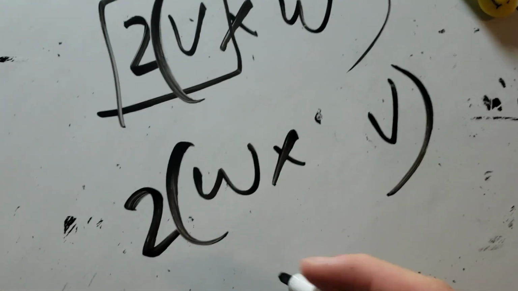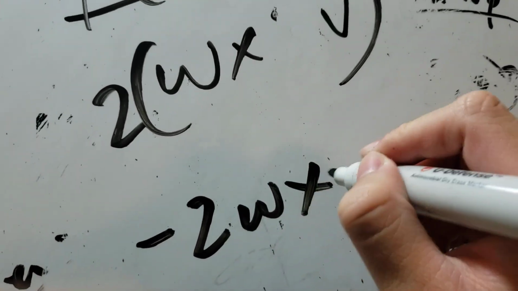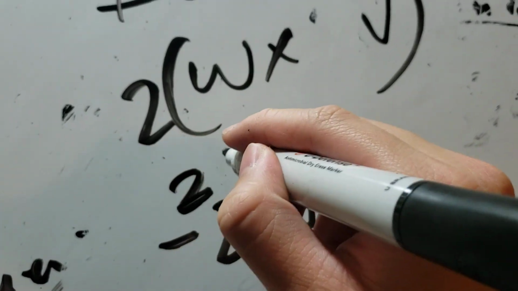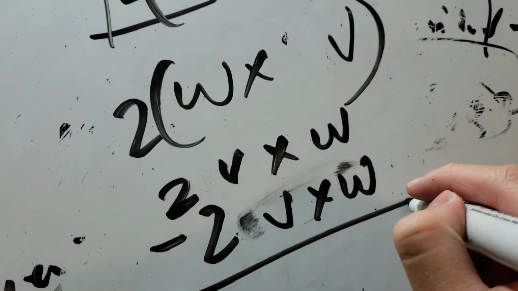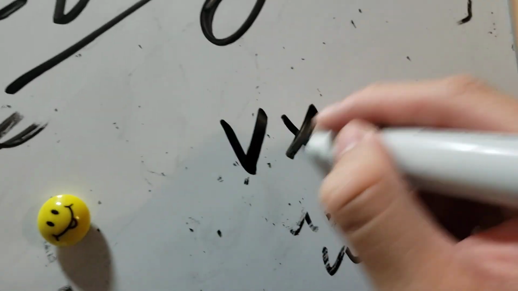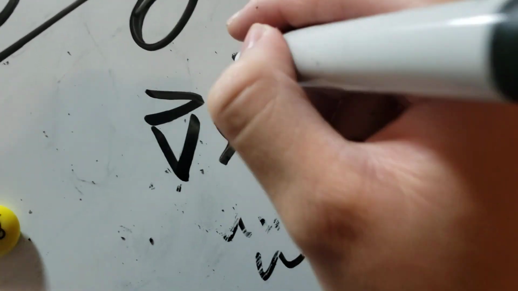And you could definitely write this as negative 2 v cross w, sorry, that's wrong, it's w cross v that equals negative v cross w, and if we were adding them, that would equal 0. Another thing to note is v cross v equals 0. That means a vector crossed with itself equals 0. Very common idea.